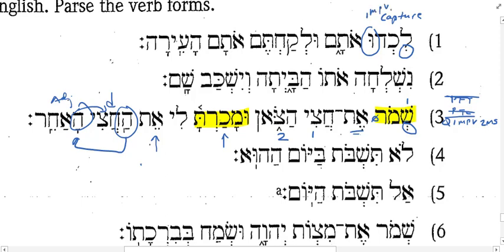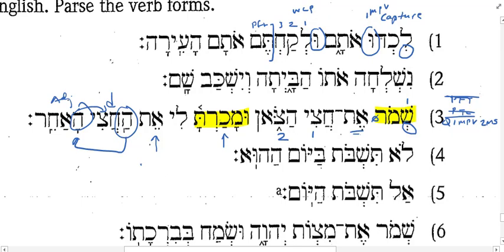This verb has 3 root letters, tem on the end, which is characteristic of the perfect, isn't it? Vav on the front. So I'm going to take that as a WCP, an imperative followed by a WCP, which means that this WCP will have the flavor of the imperative.